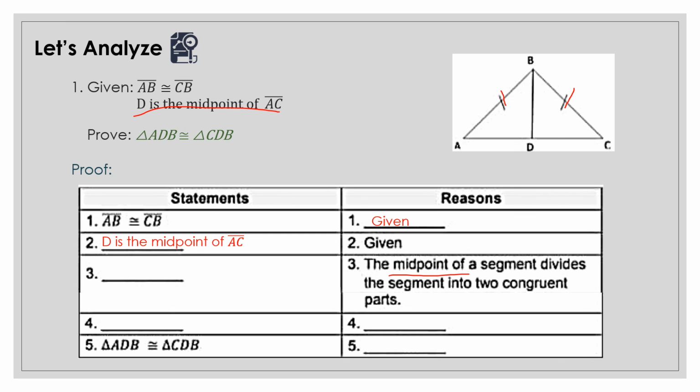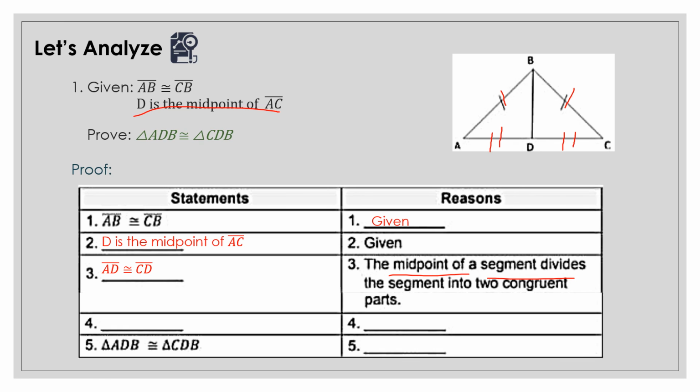So what are the 2 segments? Yes, that's correct. We have segment AD is congruent to segment CD, right? Because the midpoint, which is D, divides the line segment AC into 2 congruent parts.